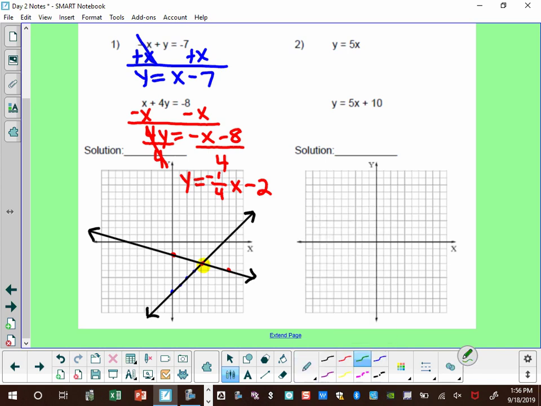Okay, what's that point? Let's go over 1, 2, 3, 4, so positive 4. Right here. And we go down how many? Negative 3. So when you're doing this with all this work, make sure you're boxing around your solution so I can find it easier.